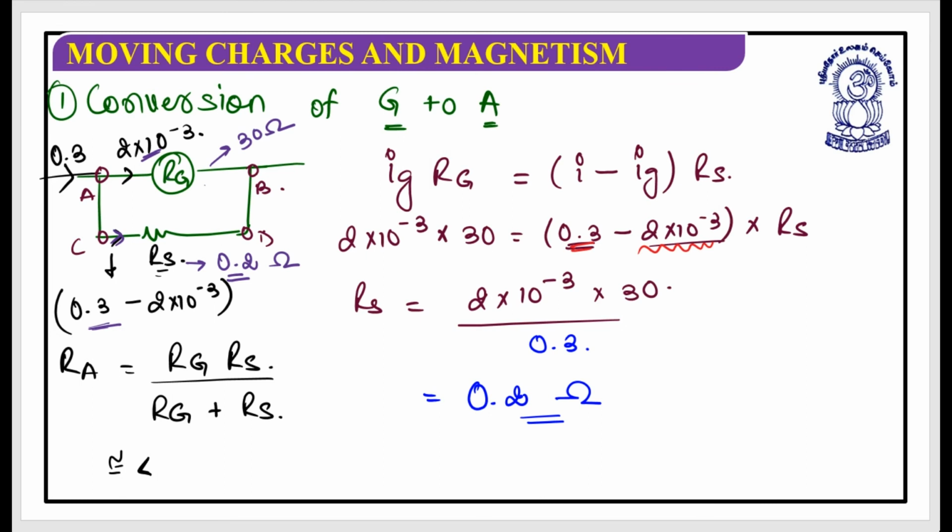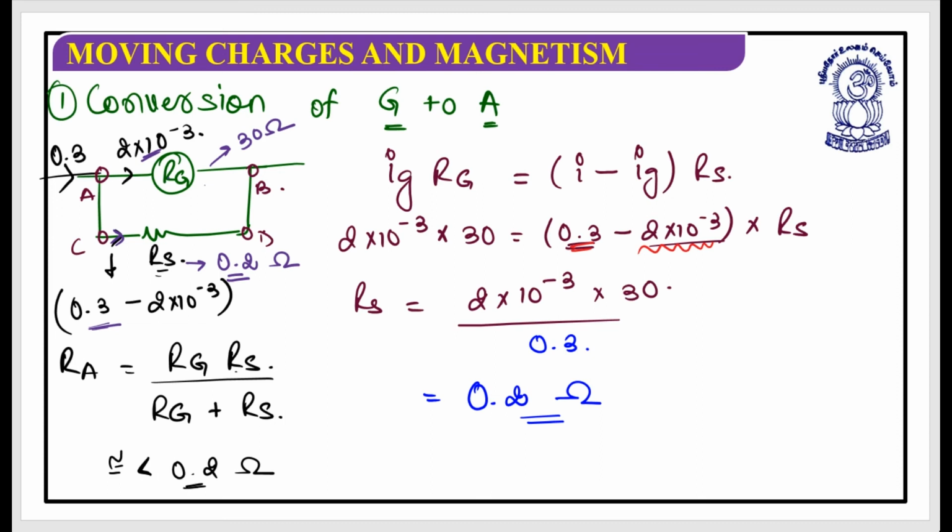This value will be less than 0.2 ohm, because these two are connected in parallel, and in a parallel combination the equivalent resistance is always less than the element having the least value.